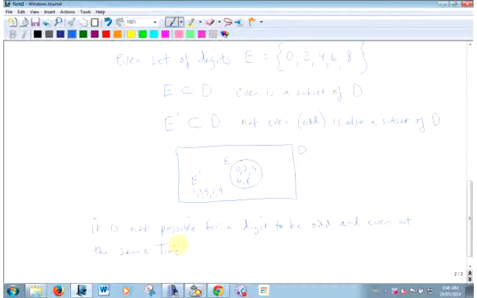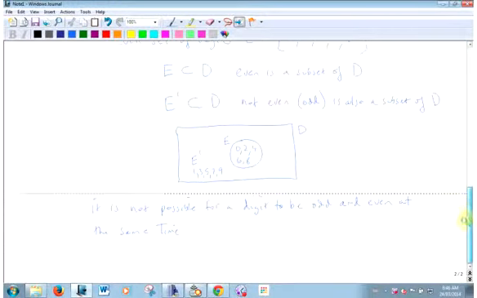Okay, but we got some new terminology to explain it. We say these are disjoint. Okay? Gotta know what the word means.